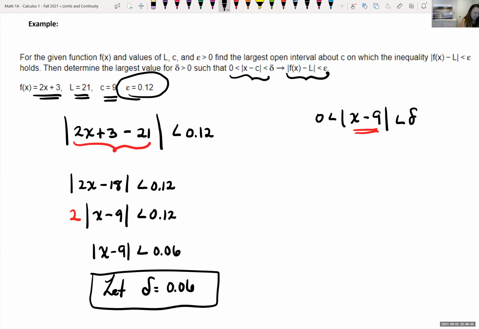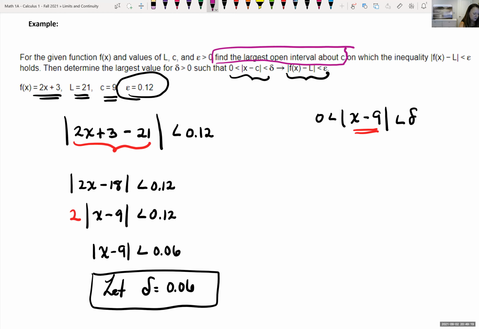And so it wants to know, I believe, the interval. Determine the largest value of delta greater than 0 such that this is the case. So we did that. Find the largest open interval about C. Okay, so we haven't done that.